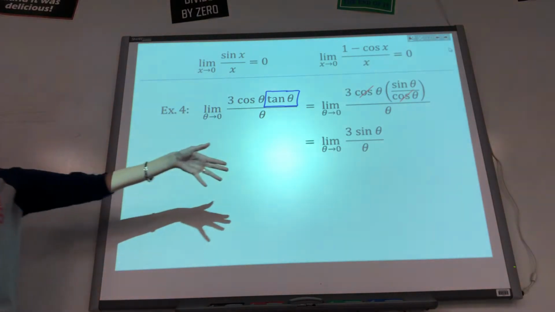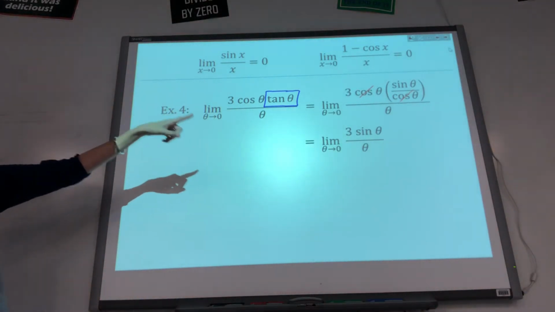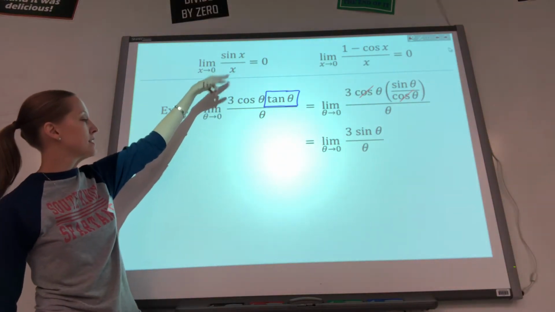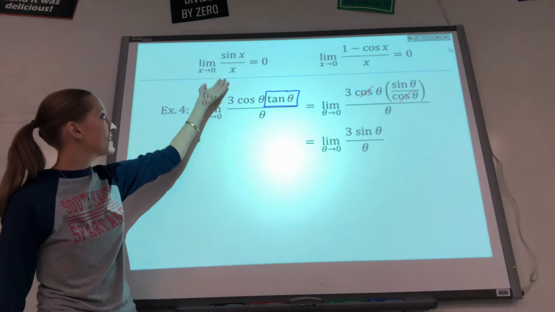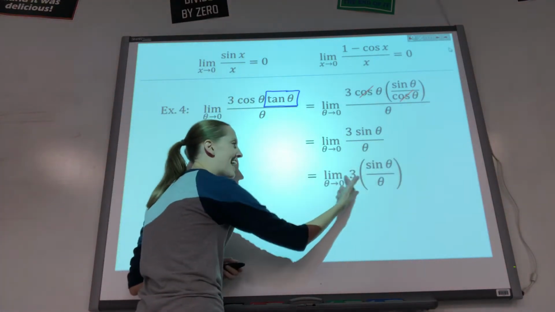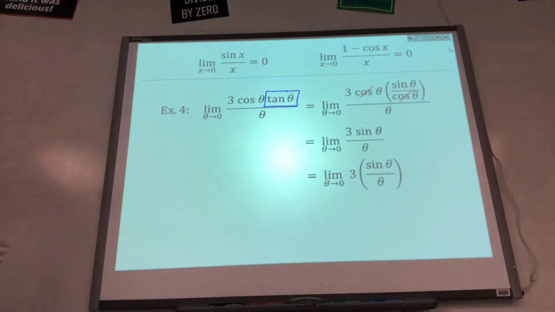Now, you still can't do direct substitution, but now it's matching up to this special limit. X is theta here, and so if you want to think of it like we did on those first couple, 3 sine of theta over theta is the same as 3 times the quantity sine of theta over theta.